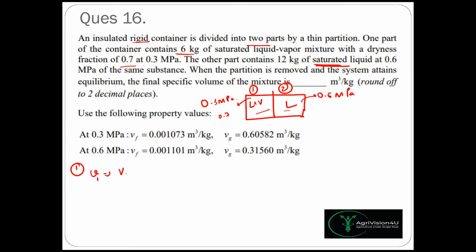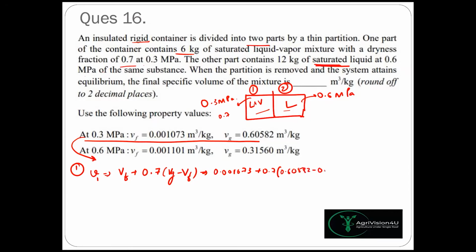V1 will be equal to Vf plus X times Vg minus Vf, where the quality is already given to be 0.7. Because it is at 0.3 megapascal, we'll be using these values over here. So V1 will be Vf, that is 0.001073 plus 0.7 multiplied by Vg, that is 0.60582 minus 0.001073.